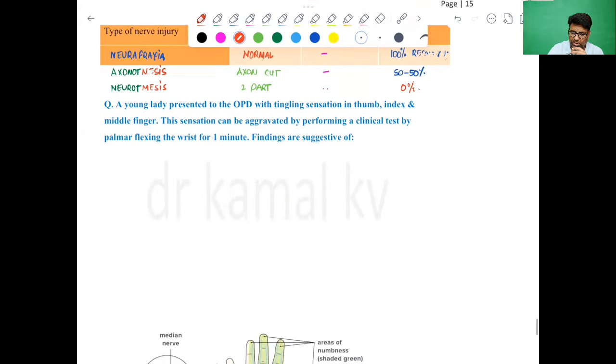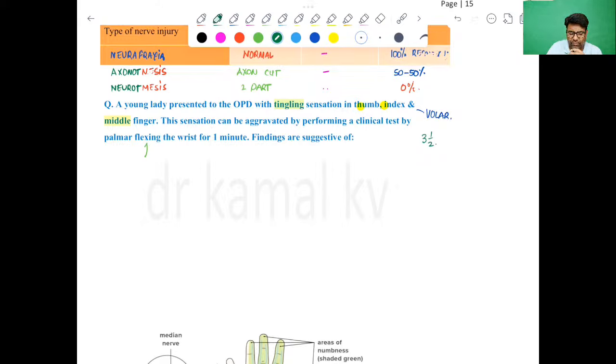Now the next question is about a lady having a tingling sensation in the thumb, index finger, and the middle finger, right? Now this is aggravated by palmar flexing the wrist for 1 minute. So if you look at the classical, especially on the volar aspect, we can say this is 3.5.